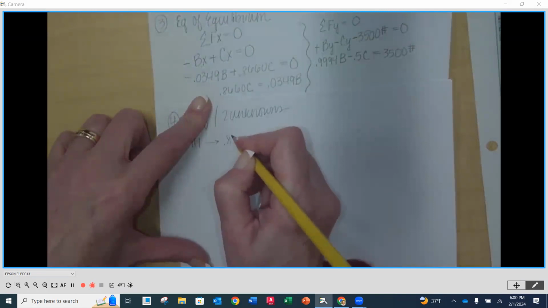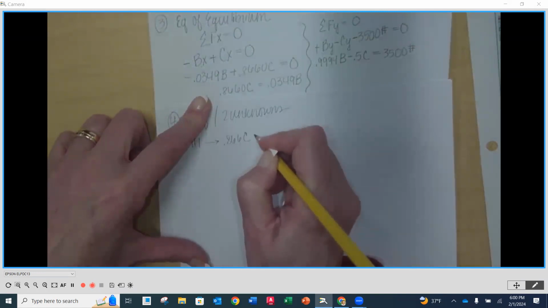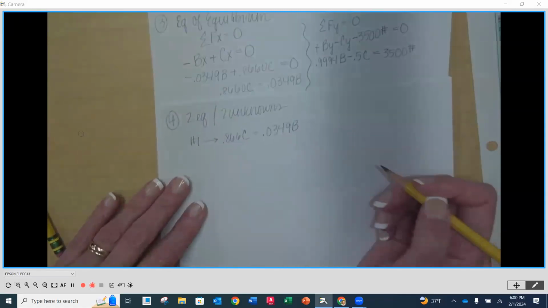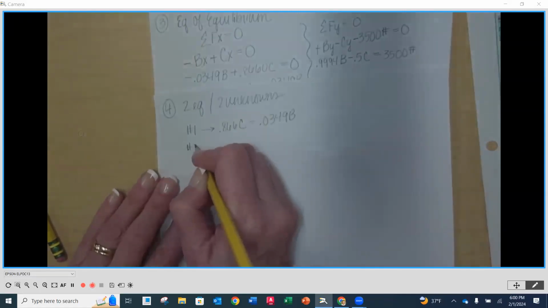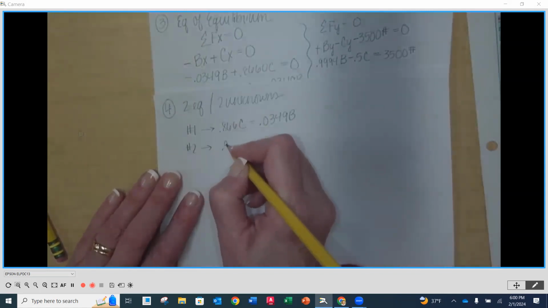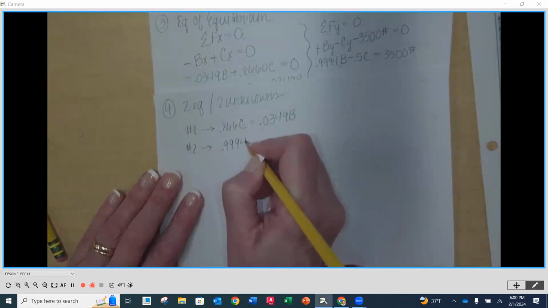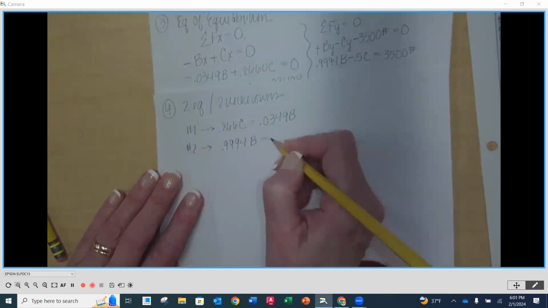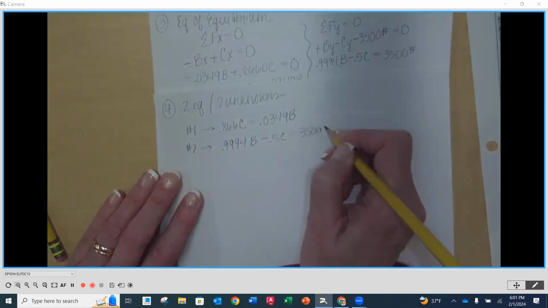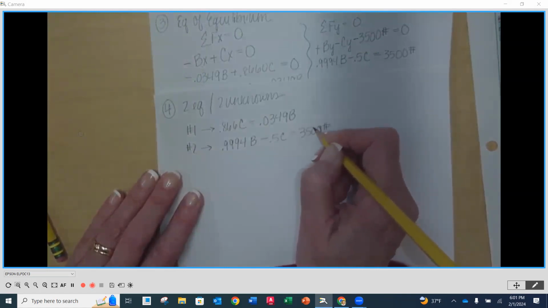So 0.866C is equal to 0.0349B. That's going to be my equation number 1. My equation number 2 is going to be the sum of the forces in the y equation, which is 0.9994B minus 0.5C is equal to 3,500 pounds. Make sure you keep that in there.